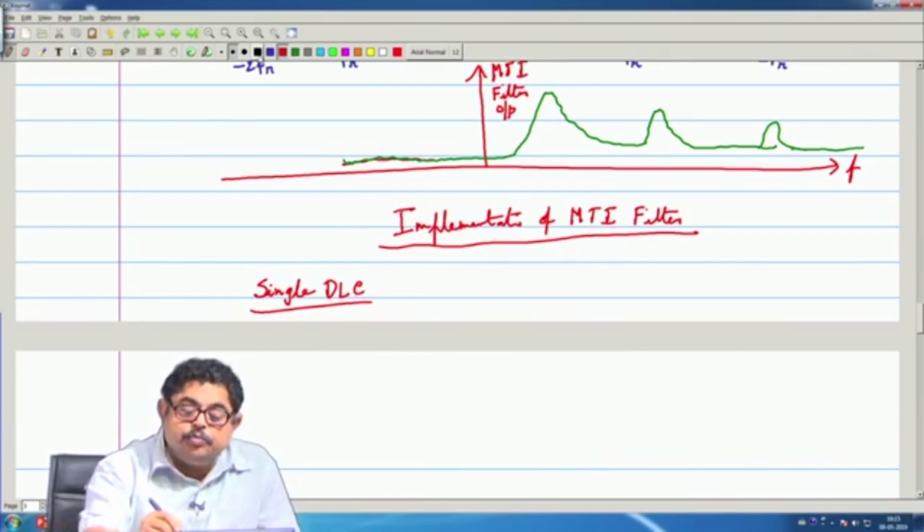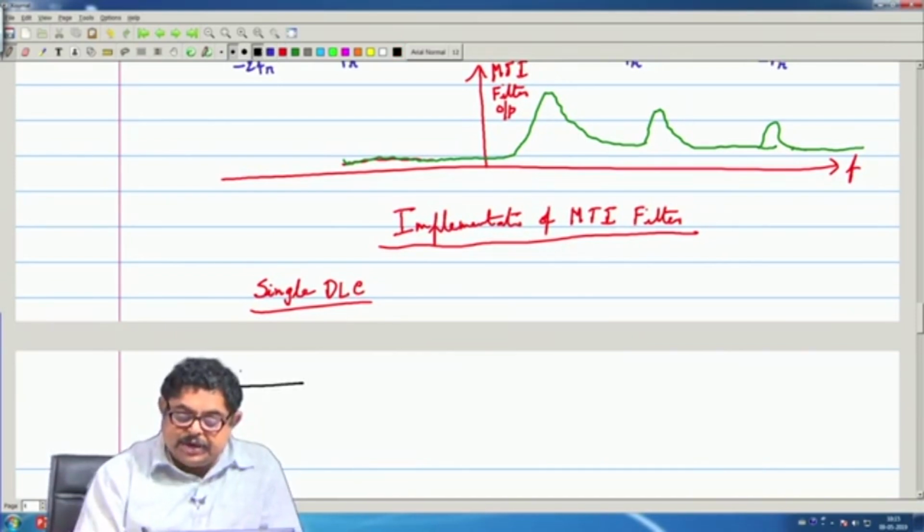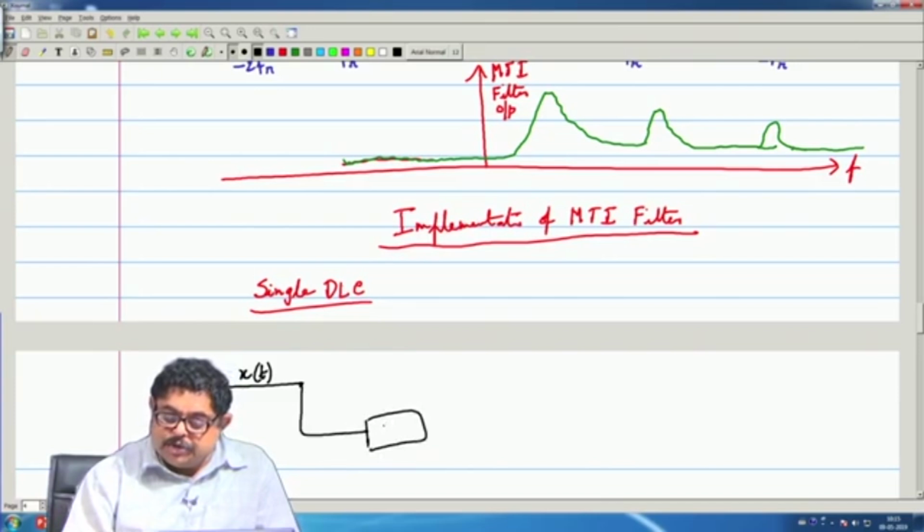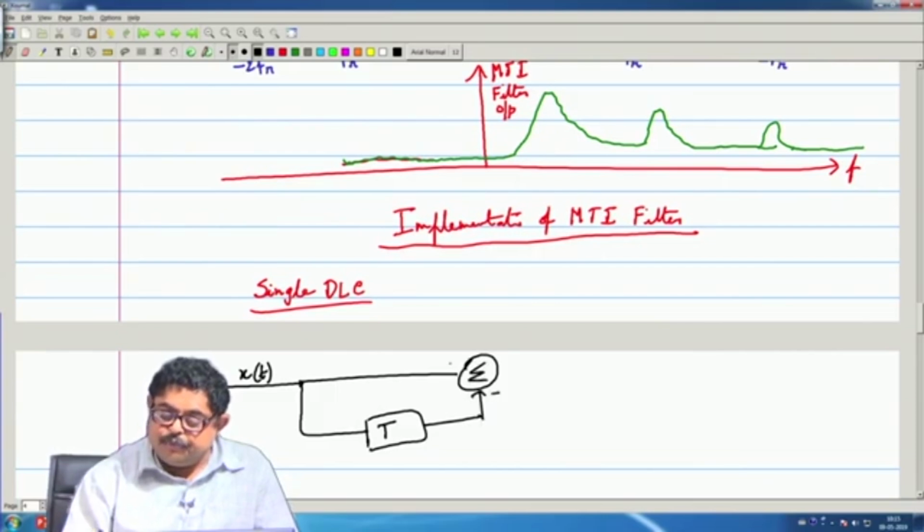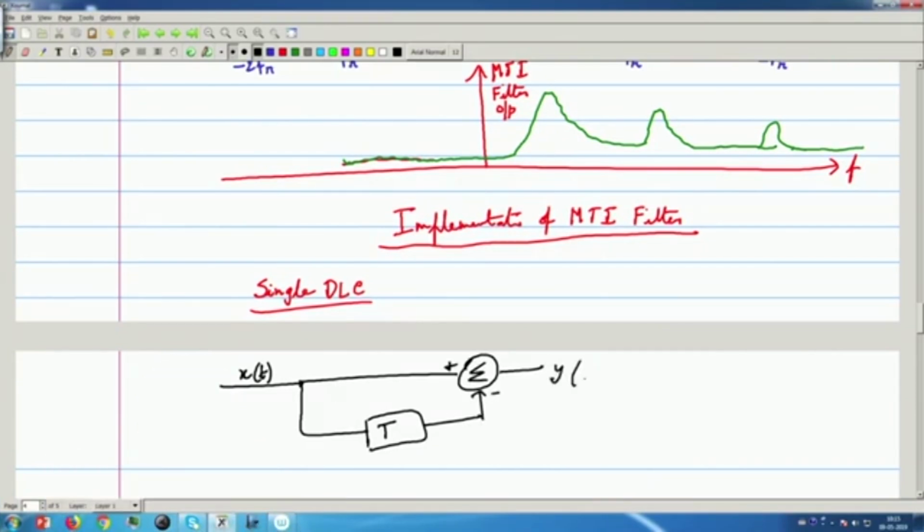Again I am repeating for completeness' sake that there is a delay of T and this goes into a summer and we get y(t).